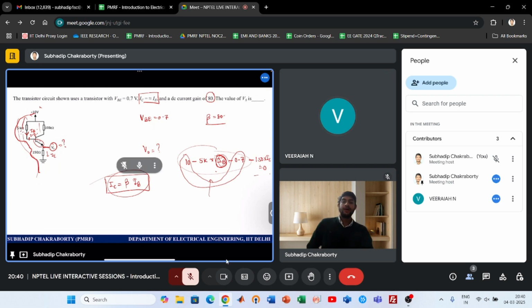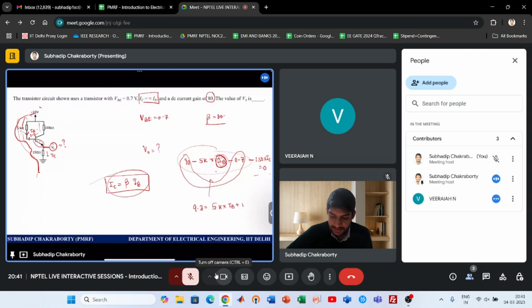So how will you use it? Please think and answer. So beta is 80, right? So 10 minus 0.7 means 9.3 is 5k into IB plus 150 into IE. So what is IB?